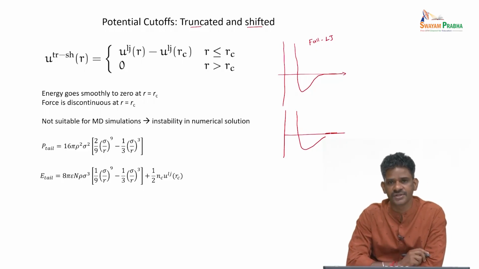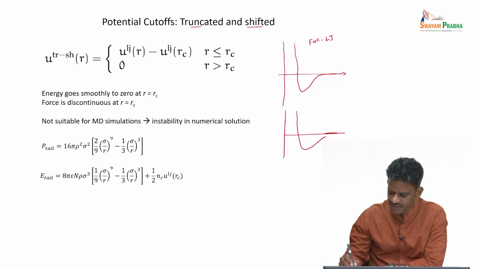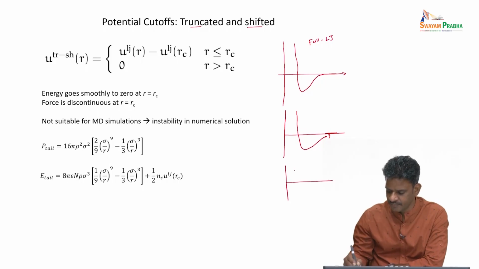So, in the truncated and shifted, what we do is we truncate at this point and then you move this potential up by subtracting the potential of this much amount, so that it goes to 0 at r equal to rc itself.